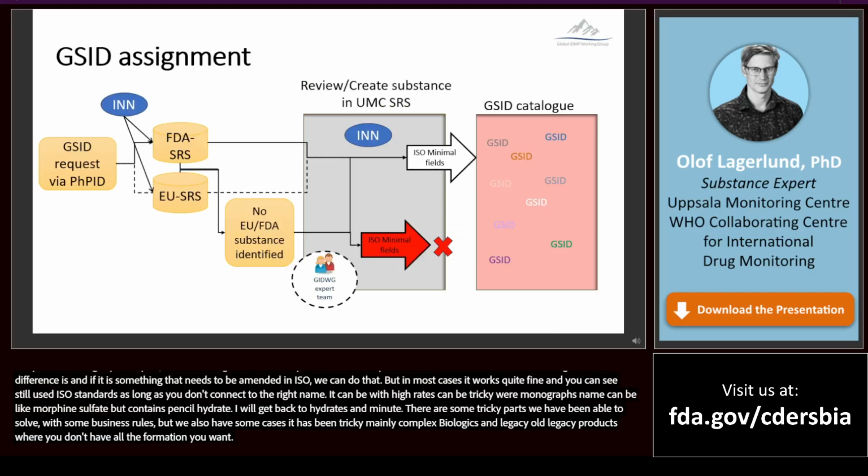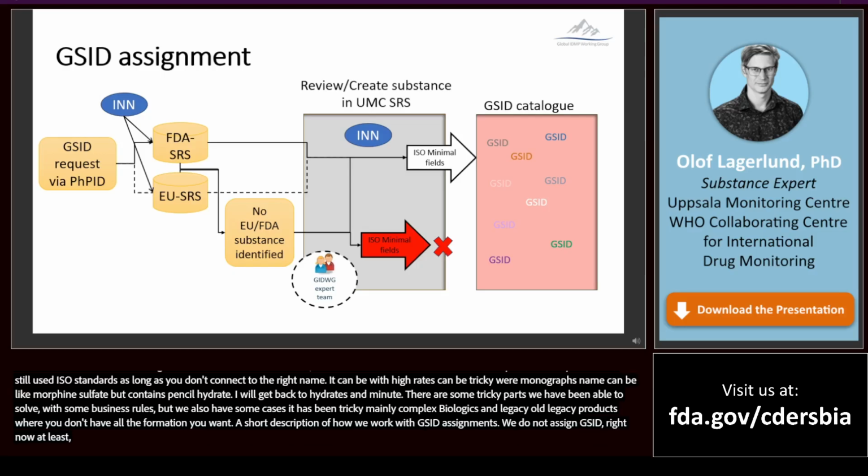A short description of how we work with the GSID assignments. We don't assign GSIDs just to assign a GSID. Right now, at least, we do it via the request of a PhPID. So if you want a PhPID for a certain product, we take what's in that product, what substance, and we assign a substance ID.